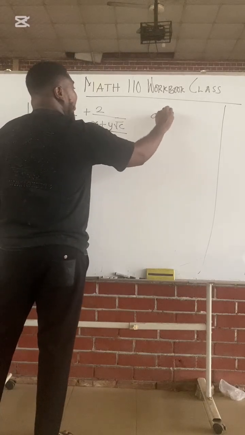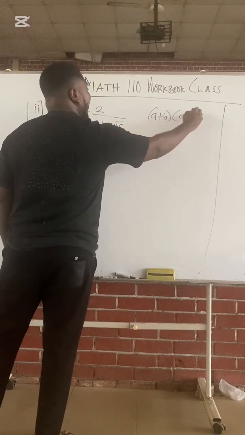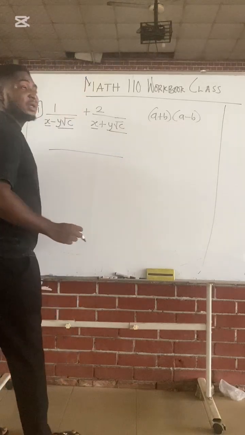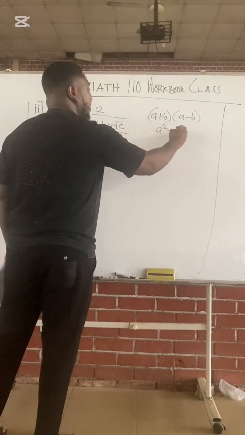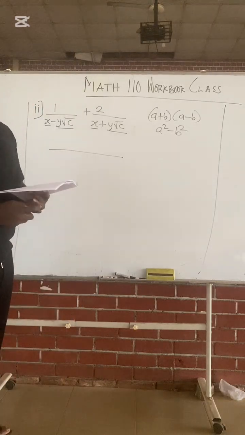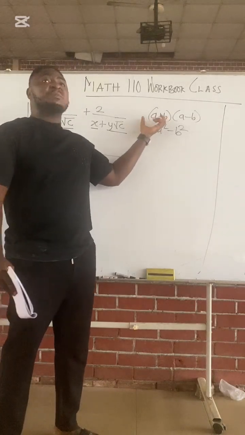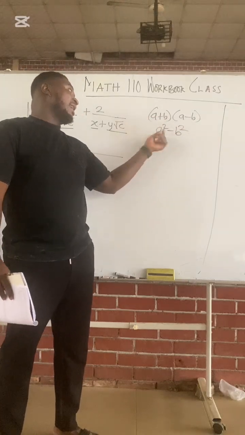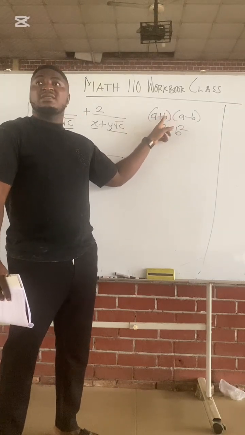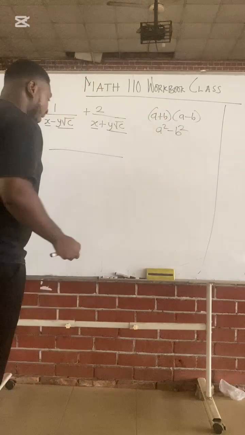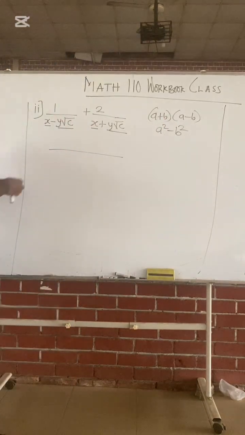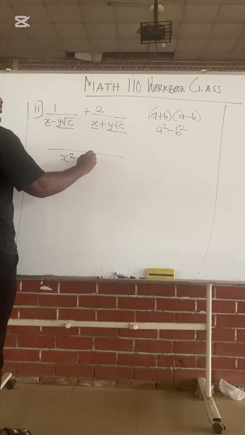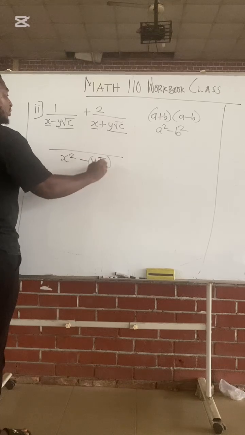Anytime you have a plus b and a minus b side by side, you are allowed to take the first term a and square it, minus the second term b squared. Now, how does that apply here, class? So x squared minus y root c squared.